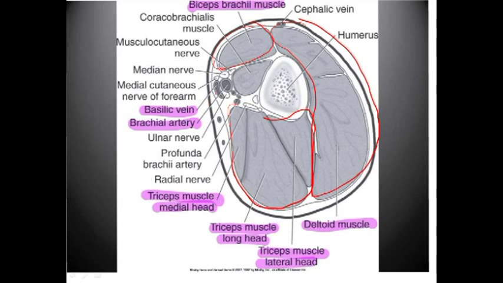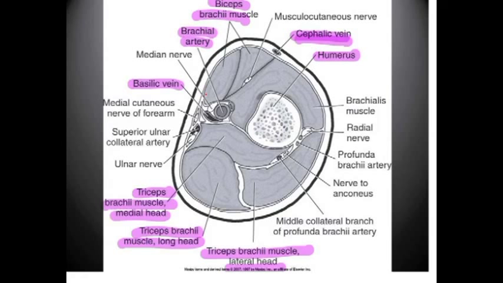Also take notice of the brachial artery here and the basilic vein there. Going down even farther, we have the triceps, now comprising solely the posterior portion of the arm. So as you can see, the triceps makes up a very large portion.